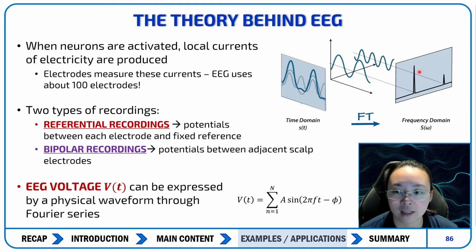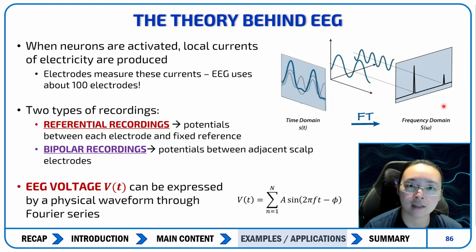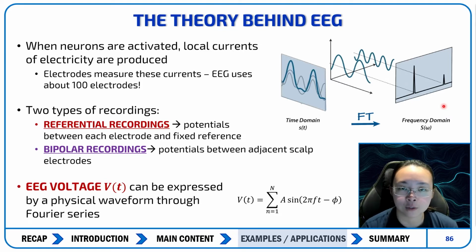So then you can get to a frequency domain and get an EEG voltage from that. The brain, however, isn't just a sine wave, and the waveforms are a lot more complex. It looks simple, but it's actually a lot more complicated, and we're not going to go through the math for that.